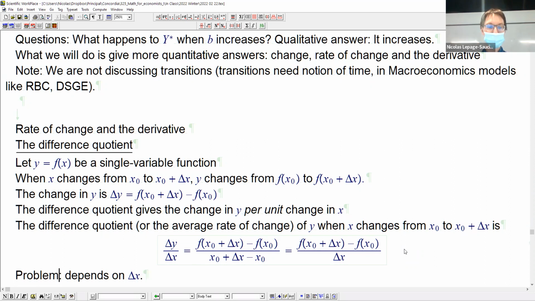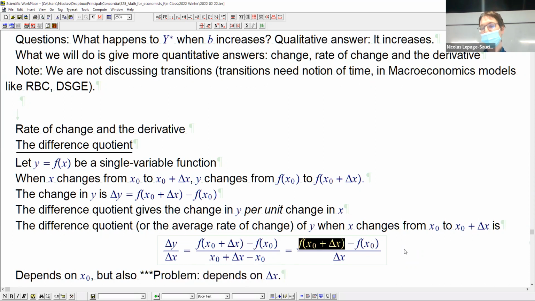So it depends on x0, but also on the change in x. Why? Because f might be nonlinear, and if I apply a small change or a big change, it's going to change what this difference quotient is.